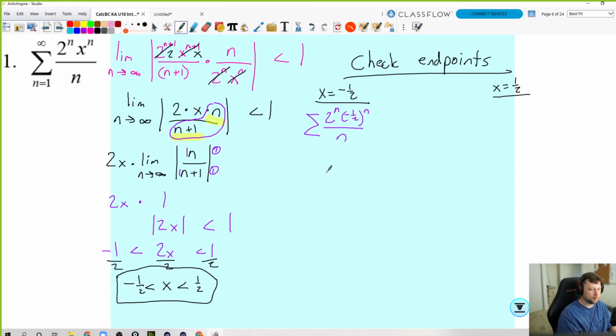If you remember your properties of exponents, that's like 2 times -1/2 to the n over n, which is going to be -1 to the n over n. Now, okay, I'll ask in chat. This thing, does it converge or diverge, and by which test?